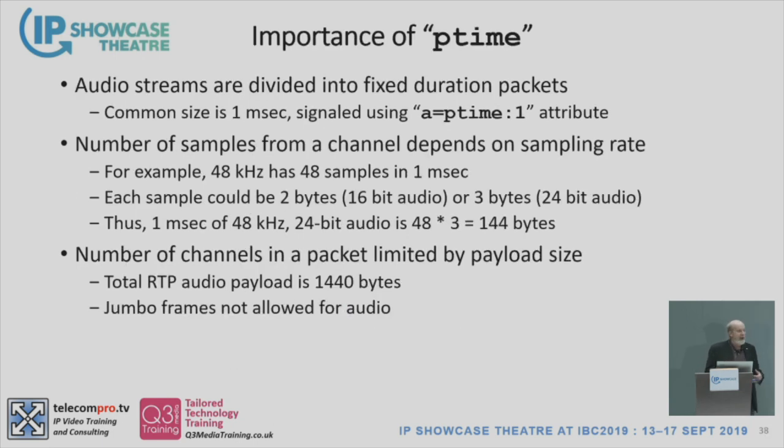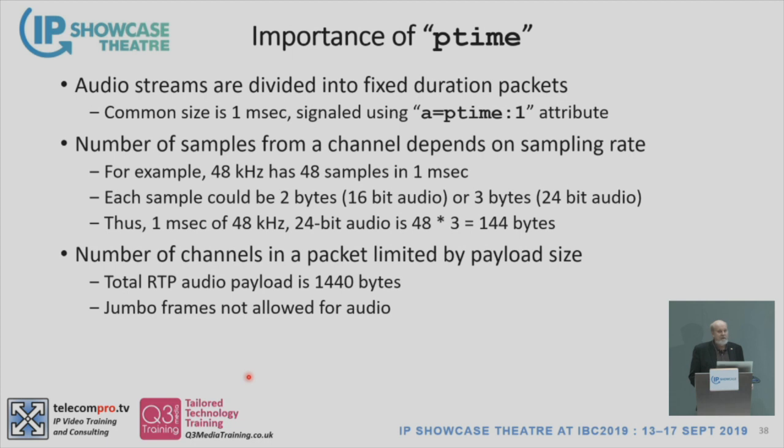So, Ptime. Ptime is a parameter that we use to describe how the audio packets are formatted, and we typically group them into packets of, let's say, 1 millisecond of audio or 125 microseconds of audio, etc. What that does is it drives how many audio samples can actually be in that packet.